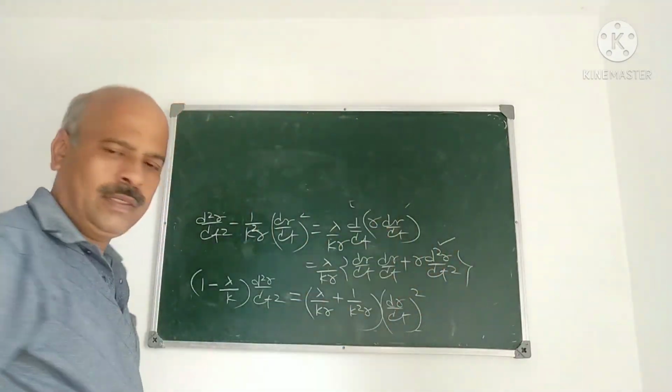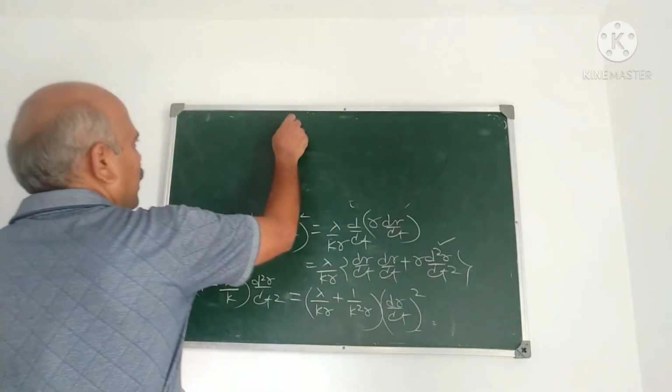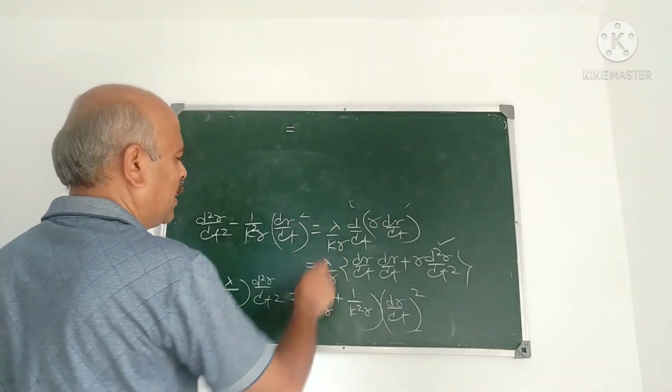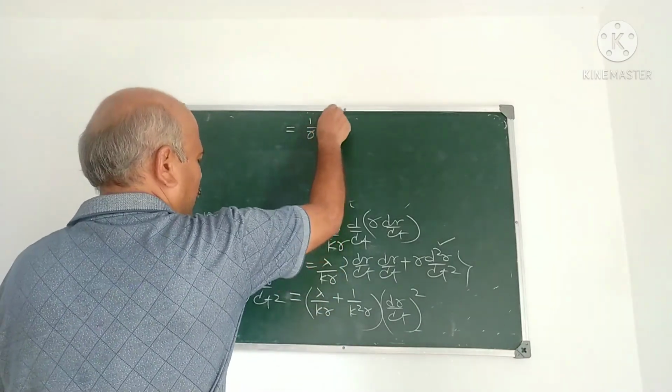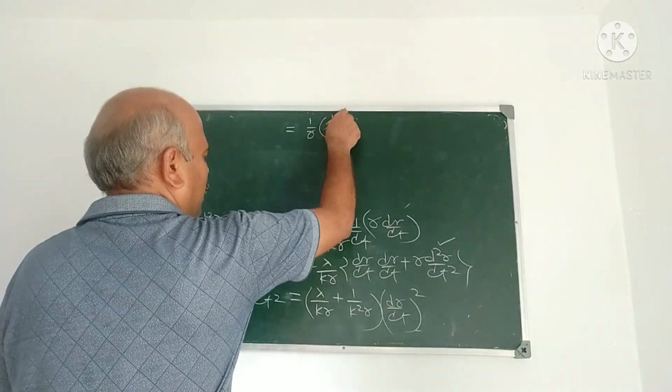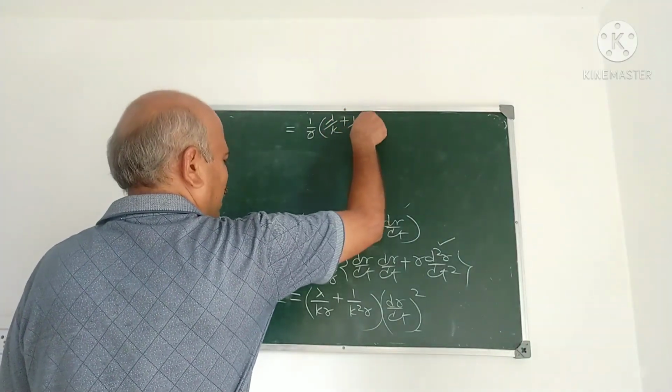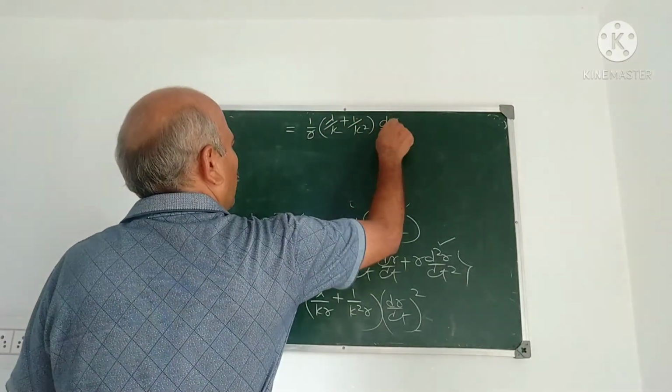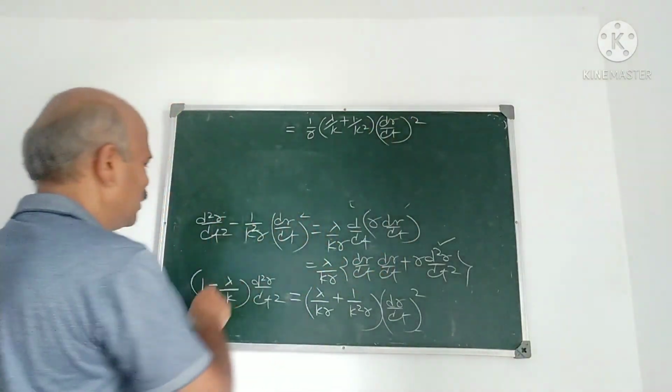Next step is, therefore, r we can take common: 1 upon r (lambda by k plus 1 upon k square) (dr by dt) whole square is equal to this.